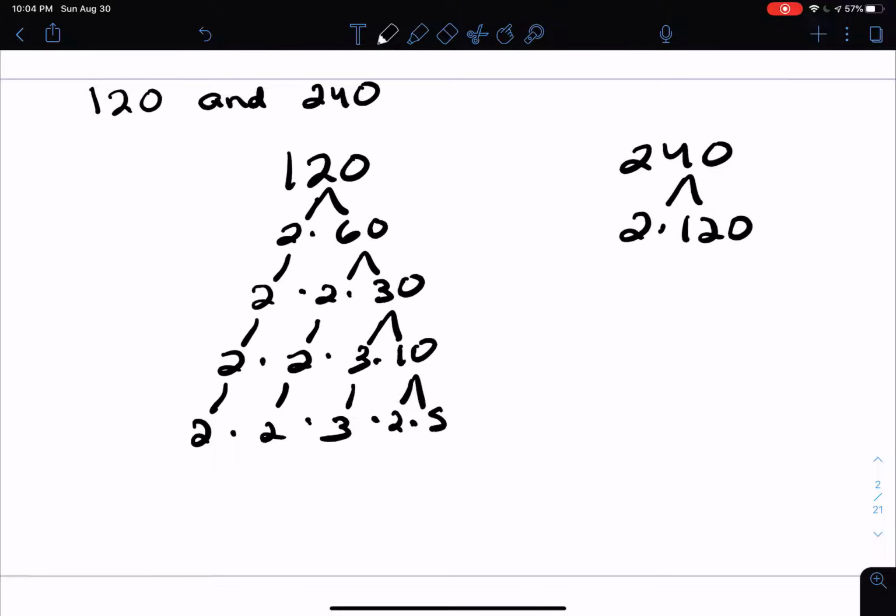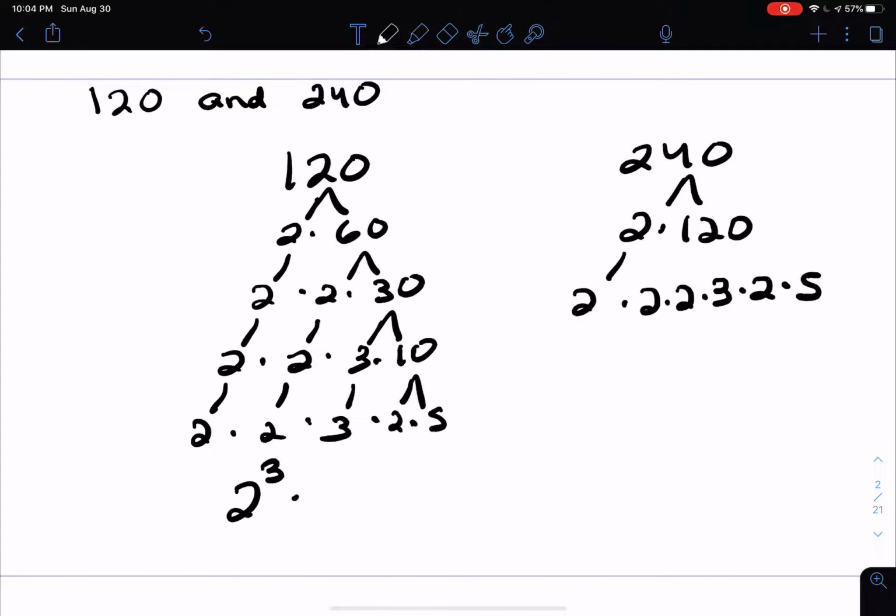So since I already know how 120 breaks down, I don't need to do any more. So I end up with 2 cubed times 3 times 5 underneath the 120. And I end up with 2 to the 4th times 3 times 5 under the 240.